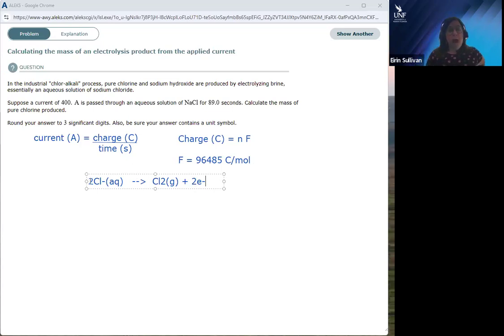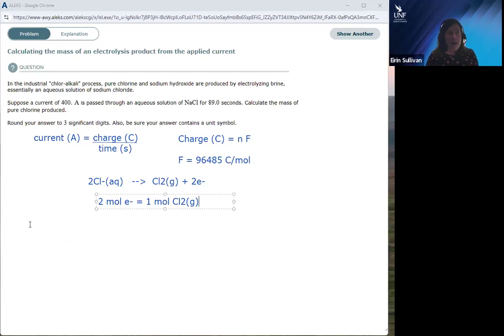The reason I wrote out the half reaction is that we need to take stoichiometry into account. For every 2 moles of electrons, you produce only 1 mole of chlorine. So write down that mole ratio. It may not always be 1-to-1; here it's a 2-to-1 ratio between moles of electrons and moles of product.